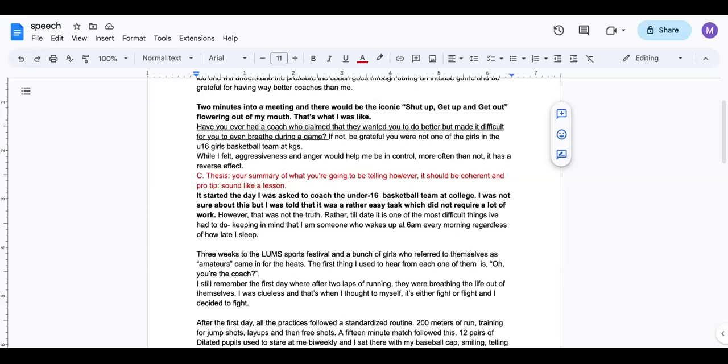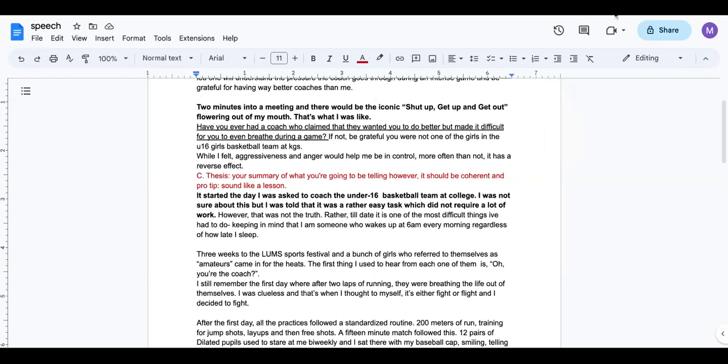So over here as well, my thesis is pretty long, so it does somehow lead to making it sound like a lesson, but the main point obviously stays the same, that you have to summarize what you're going to be telling the audience. But the pro tip, just to distinguish it within your paragraph, is to make it sound a little like a lesson, like poetic.